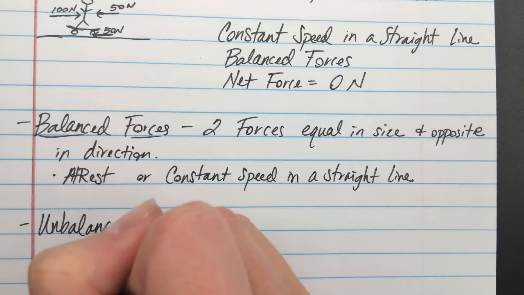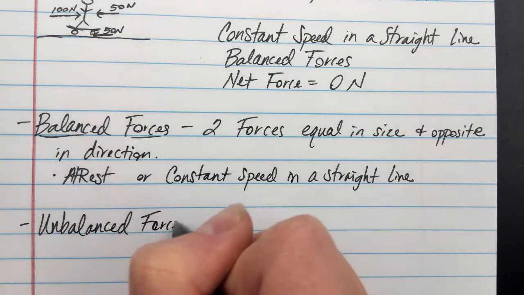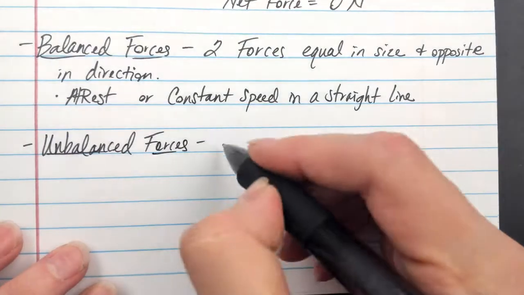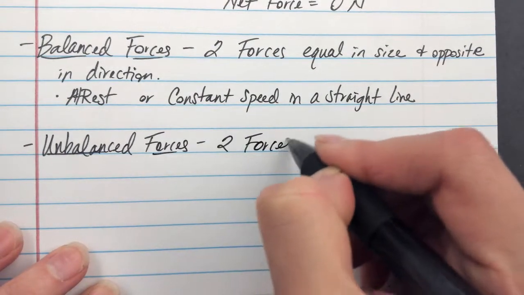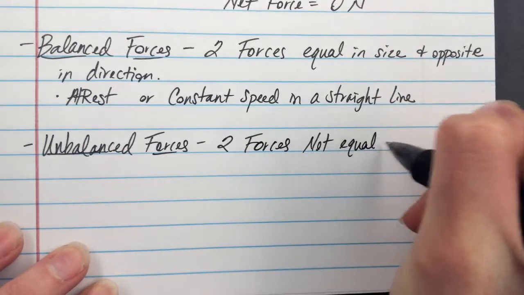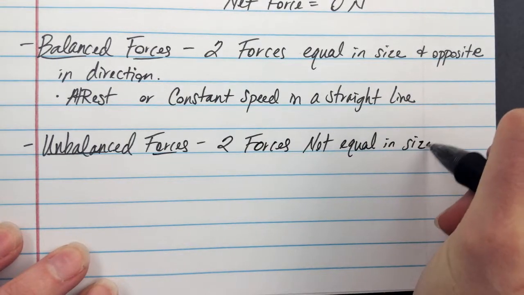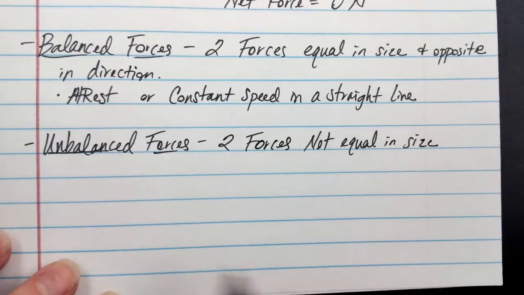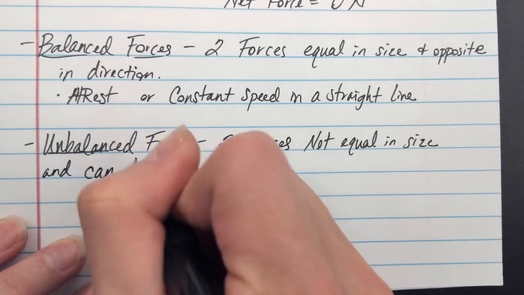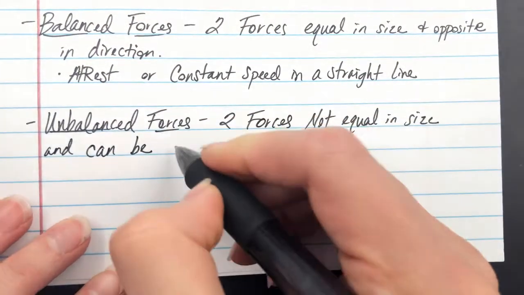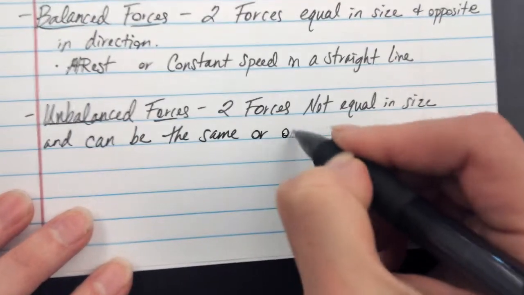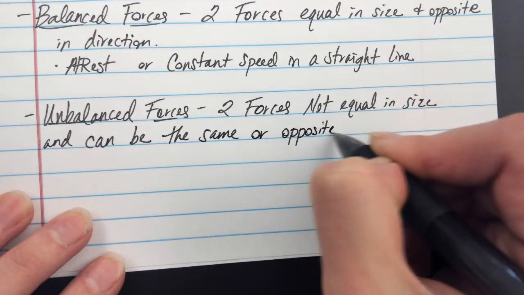Unbalanced: two forces not equal in size, and this can be the same or opposite direction.